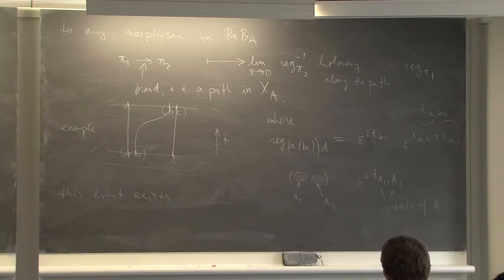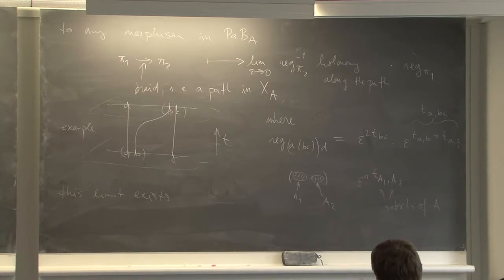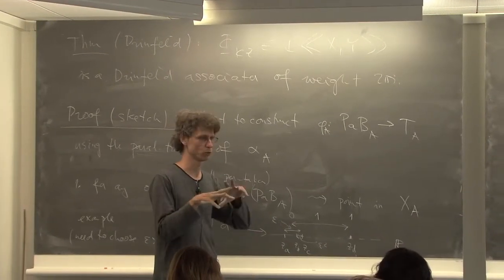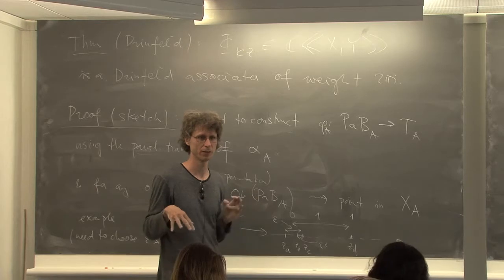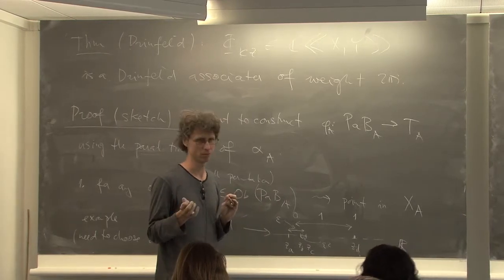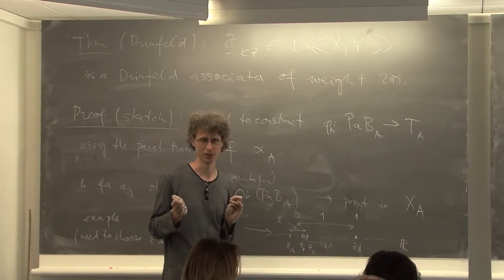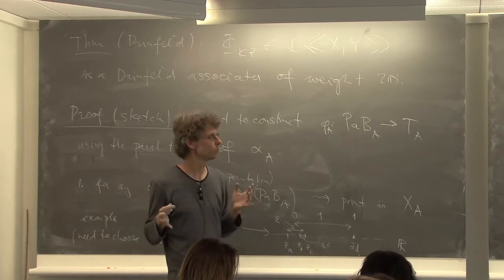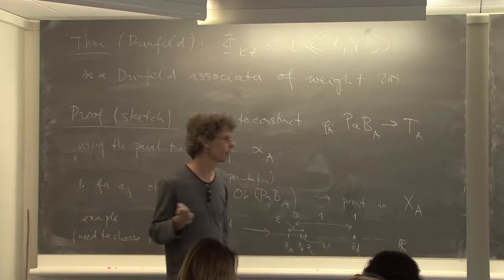And the only reasonable proof I can imagine is repeating the proof that I showed you for existence of the associator. So one needs to look at some solutions which have some asymptotic behavior, and it becomes impossible for me to write down. So let's just imagine that when we do this, then we get this limit.